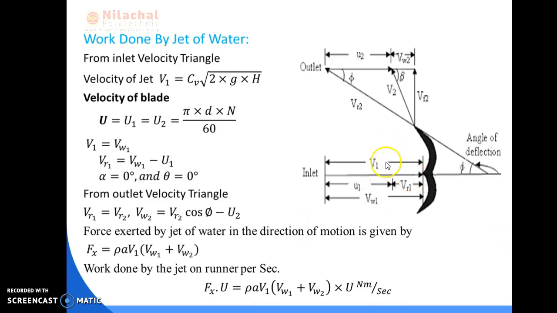So at the inlet, the horizontal component of V1 is Vw1. As the line V1 is horizontal, the total Vw1 will be V1. V1 is the velocity of jet at inlet. So at the splitter we have a line suggesting the velocity triangle at the inlet.